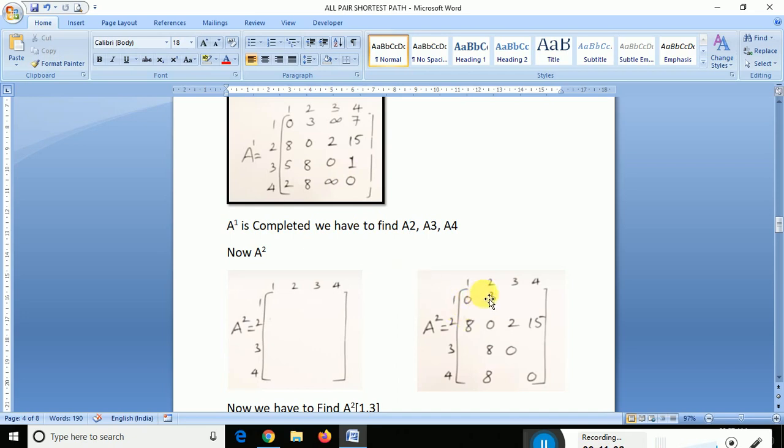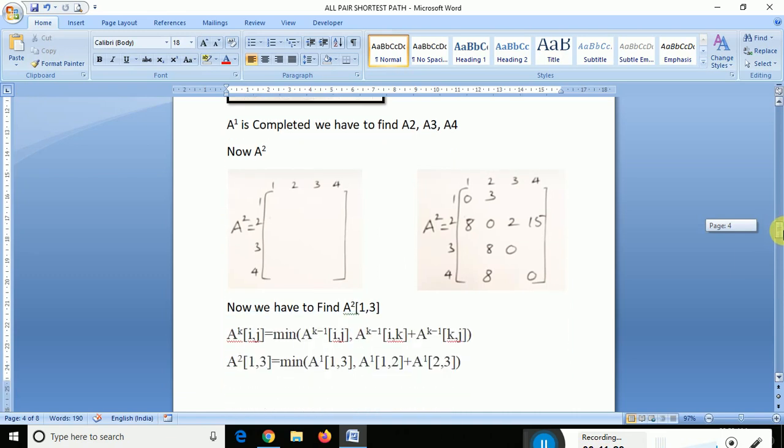For A2 we keep second row second column as it is, and the diagonal the same. Now we have to find first row third, first row fourth column, third row first column, third row fourth column, fourth row first column, fourth row third column using the formula. So first I have found out A k, i j, this is the formula.